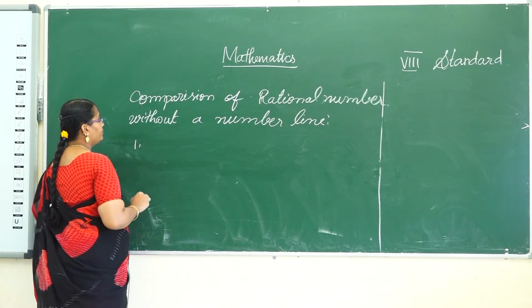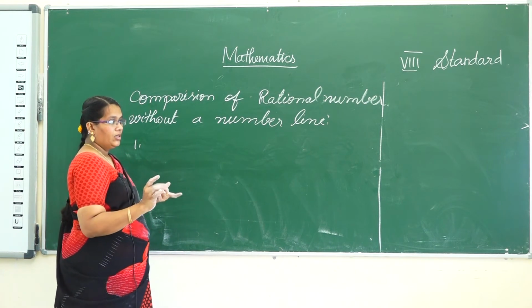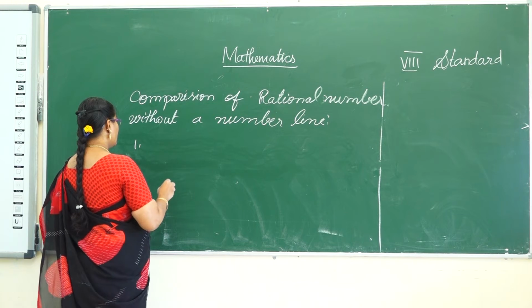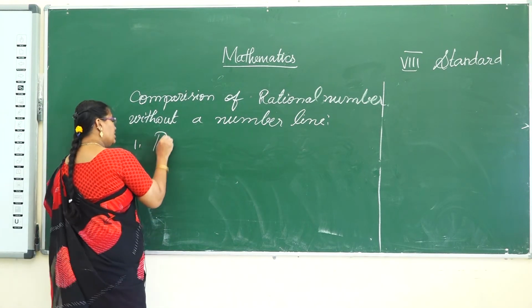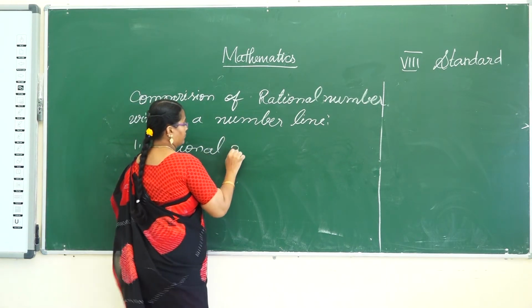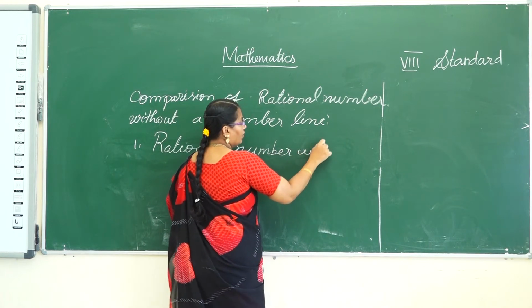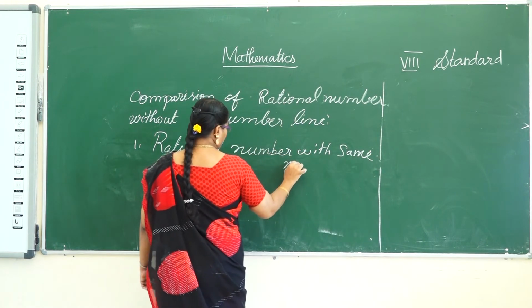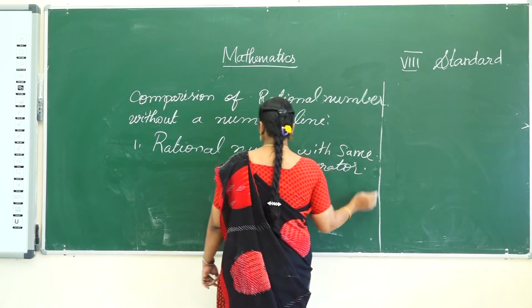First one, comparing the numerators and denominators. First, rational numbers with the same numerator.